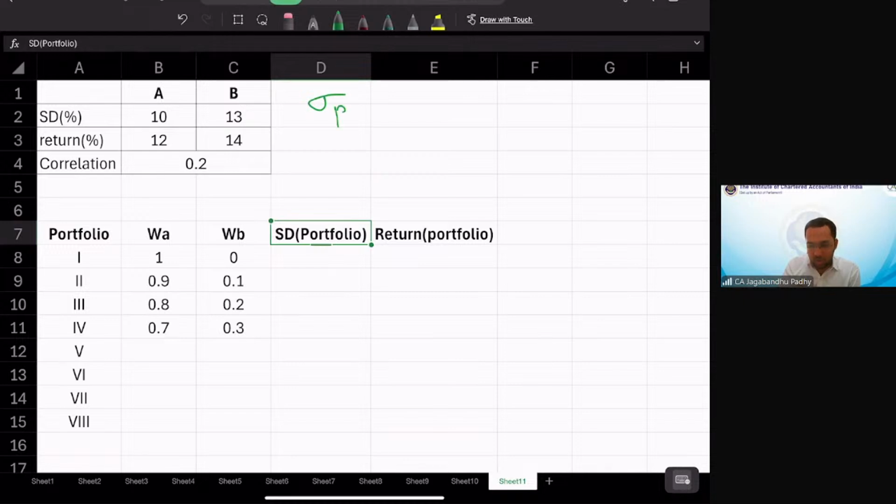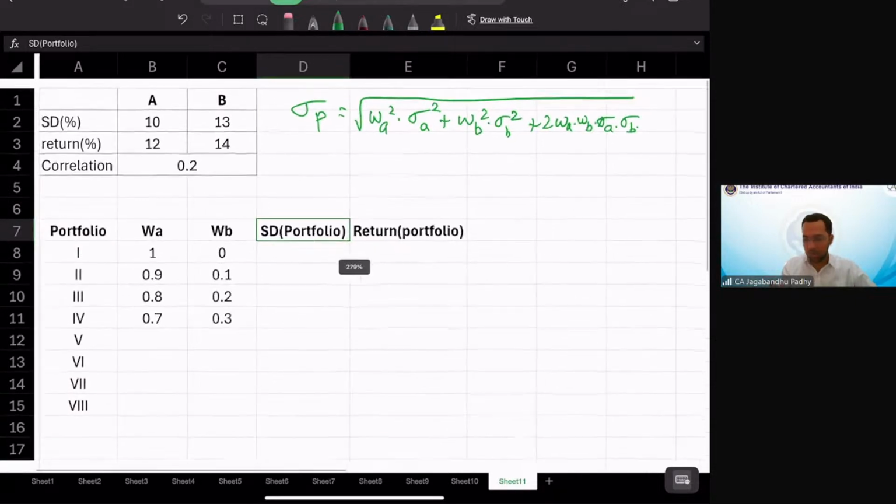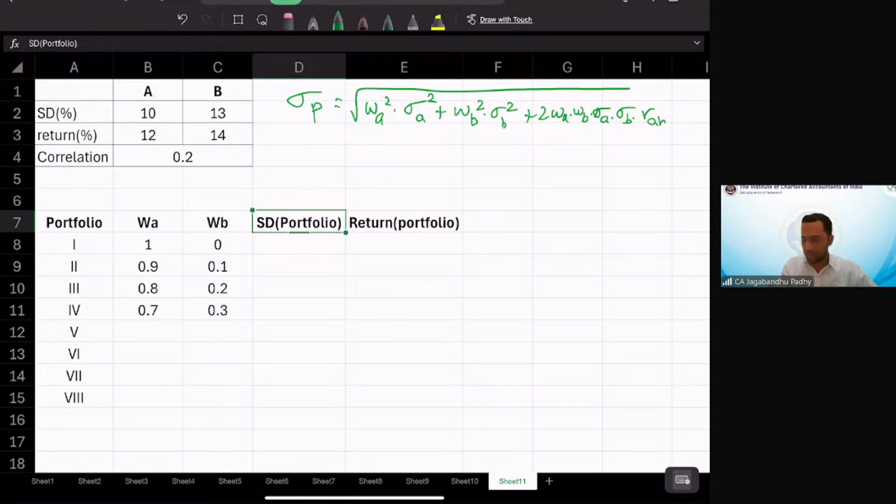Standard deviation of portfolio will be the square root of weight of A square into standard deviation of A square, plus weight of B square into standard deviation of B square, plus 2 into weight of A, weight of B, standard deviation of A, standard deviation of B, and correlation between A and B. This is what we are supposed to calculate as the standard deviation of the portfolio.